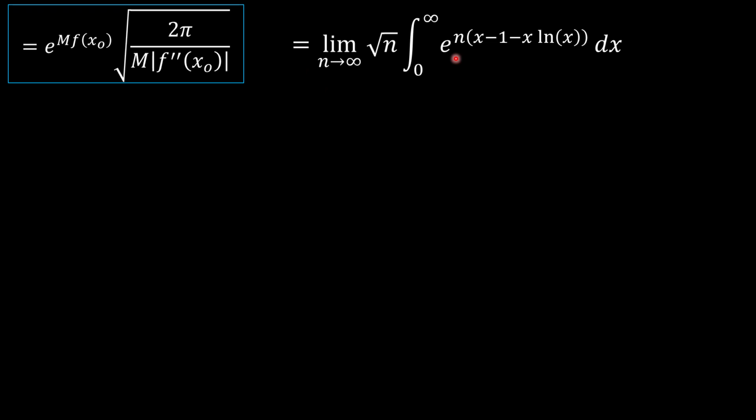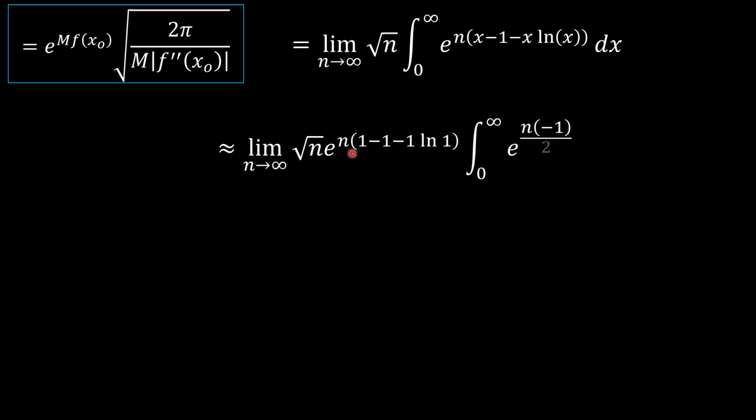So the constant here is going to be 1, and we're still going to have the second derivative as negative 1 over 2, x minus 1 squared.